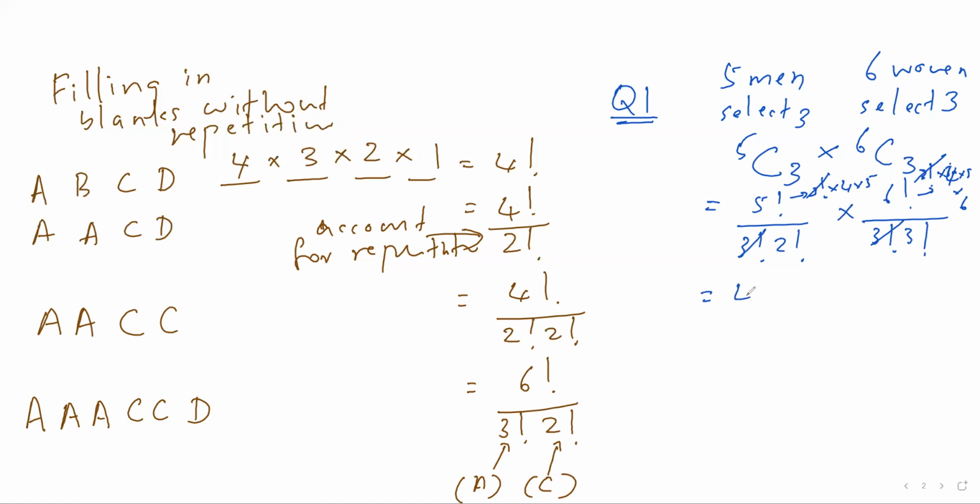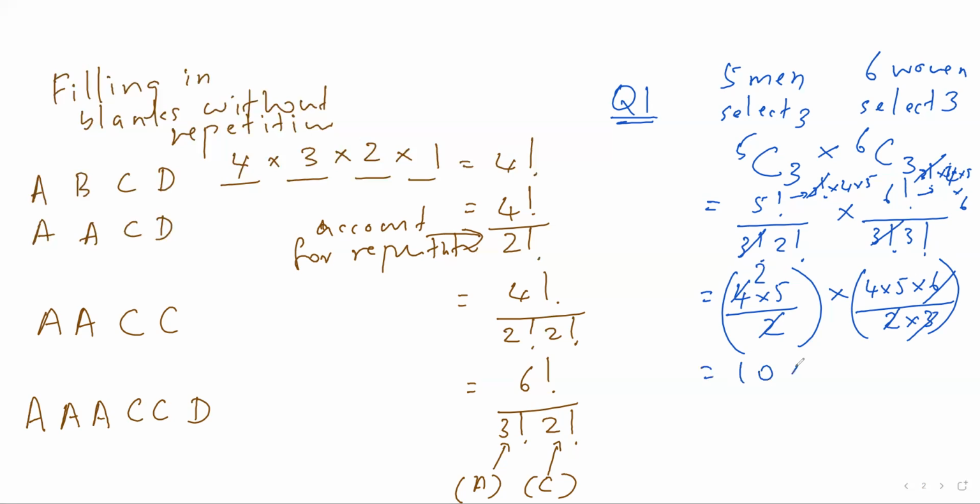So what's left is 4 times 5 divided by 2, times 4 times 5 times 6 divided by, neglecting 1, 2 times 3. This cancels, this cancels. So that's going to be 10 times 20, and that's 200, okay?